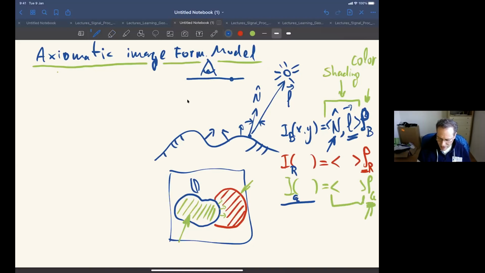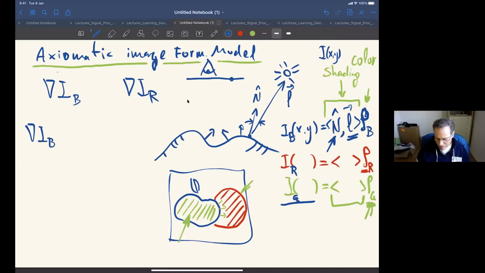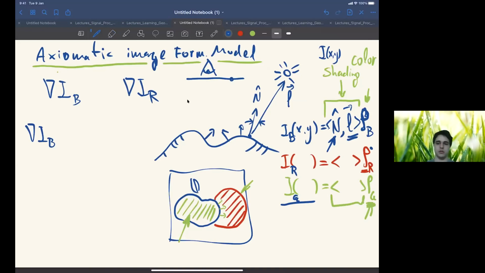What would happen if I now take the gradient of the blue image? What would be the relation between the gradient of the blue image and the gradient of the red image, for example? Let's call the shading image I of xy. So the gradient is supposed to be the same, up to the difference in the albedo.